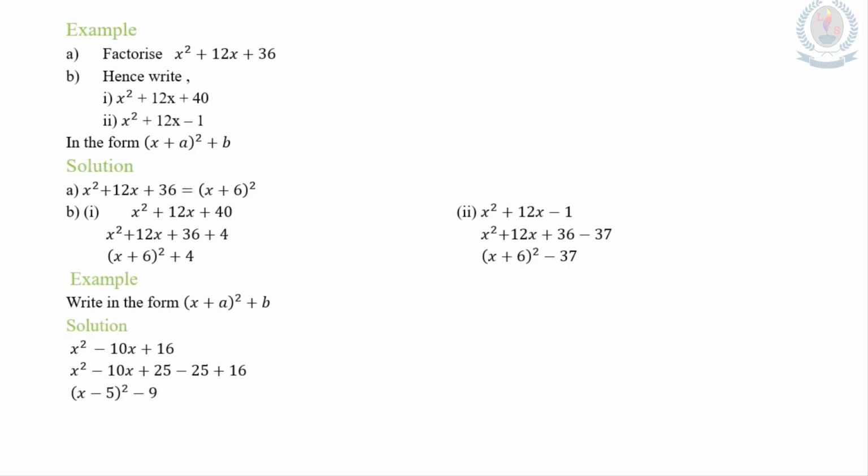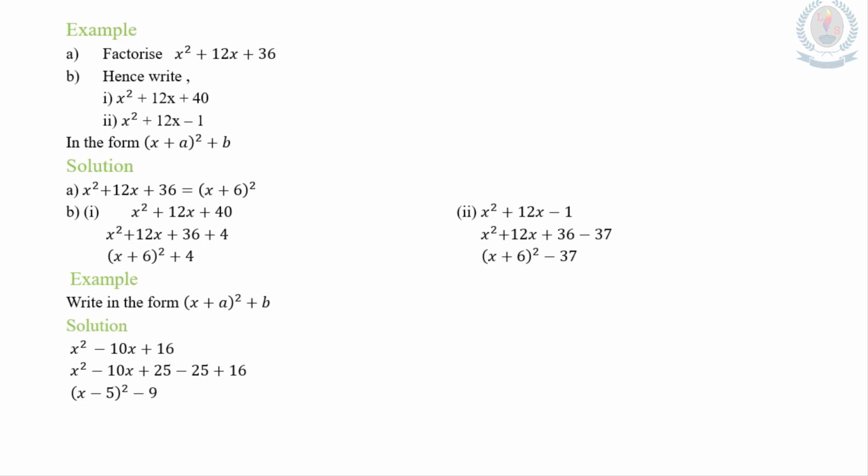See these examples. First one, factorize x squared plus 12x plus 36. Hence write x squared plus 12x plus 40 and x squared plus 12x minus 1 in the form within brackets x plus a squared plus b.